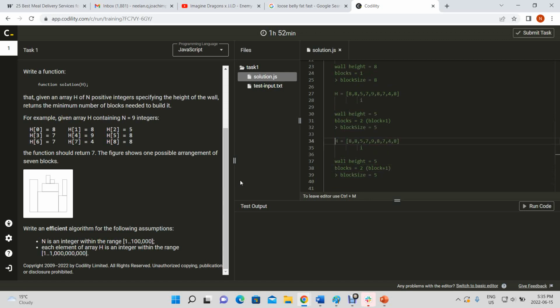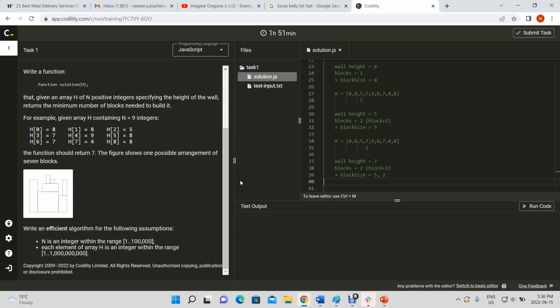So we ran into an interesting situation here. Our wall height is now 7, and we have blocks stacked on top of each other, right? So our previous wall height of block size was 5, and now we have another block on top of that that is 2 blocks high.